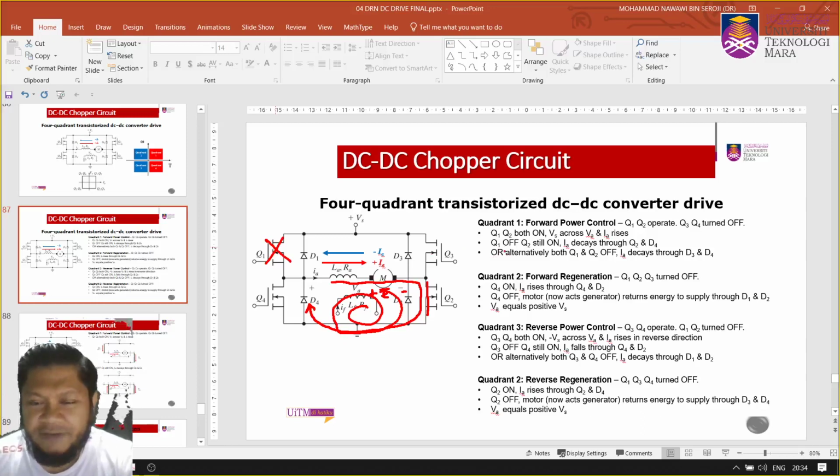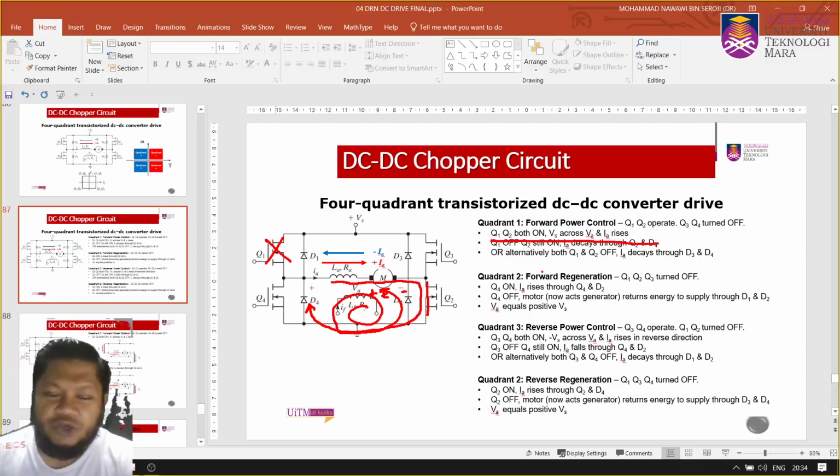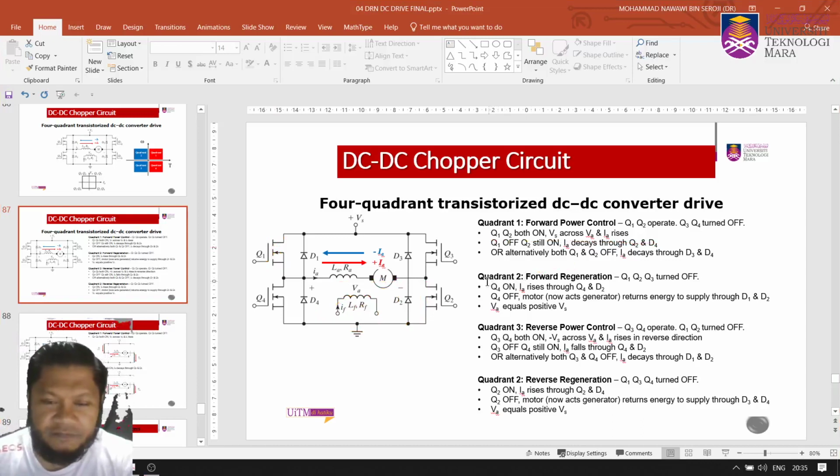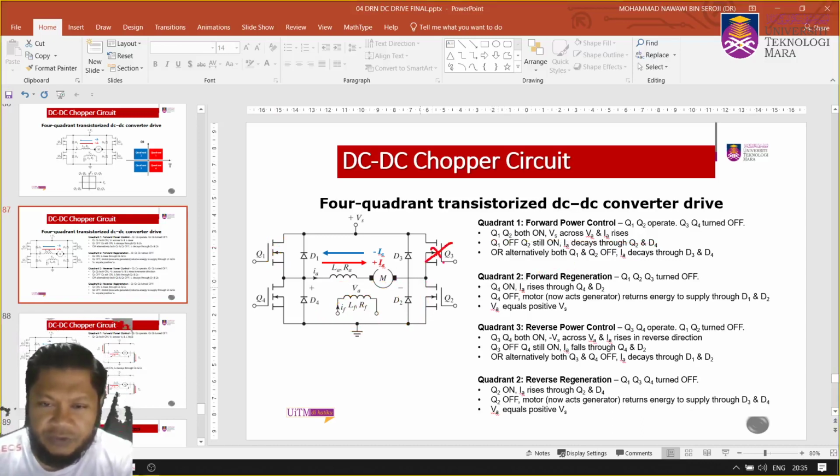Alternatively, if you don't want to follow that rule, you can also have Q1 and Q2 completely off. So just now you have Q3 off, Q4 off, and Q1 off. You can also instruct Q2 off. And therefore, look at that. How is it going to work? The current flows in that direction, isn't it? It is continuous current flow.